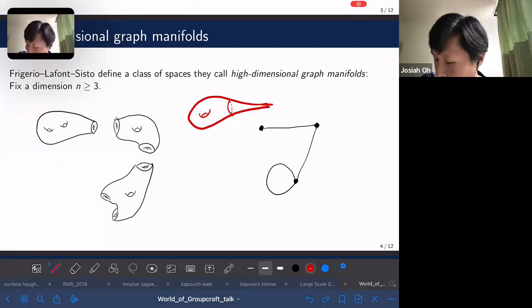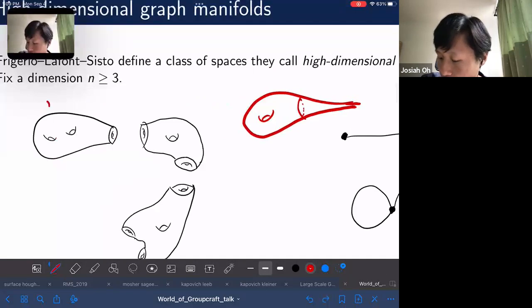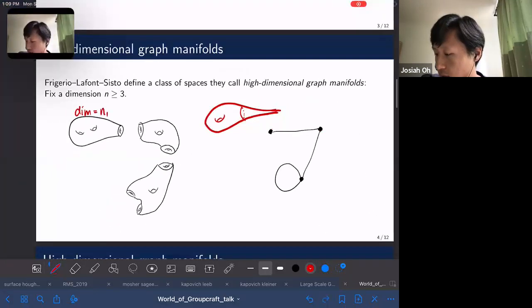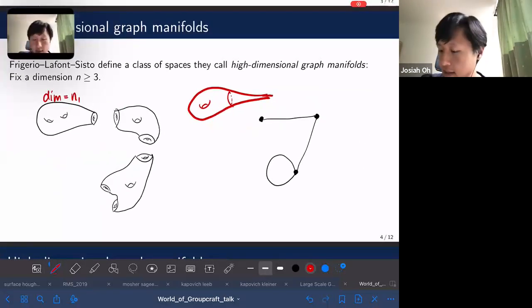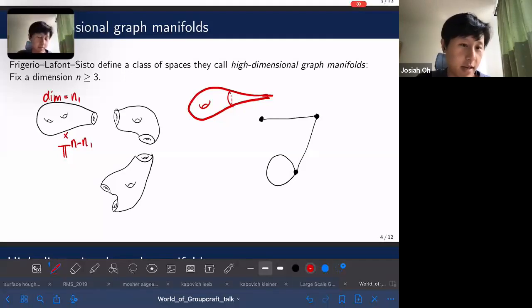So suppose this has dimension n1. And then what we're going to do with this thing here is we're going to take the product with a torus of dimension n minus n1, so that we get an n-dimensional manifold.